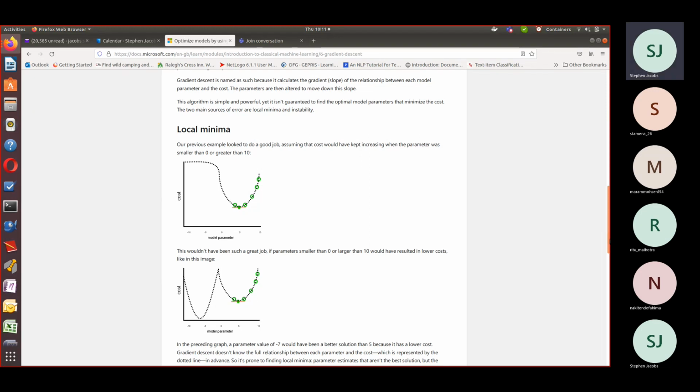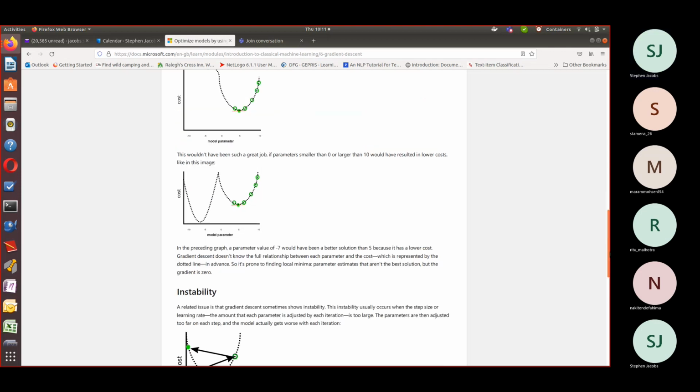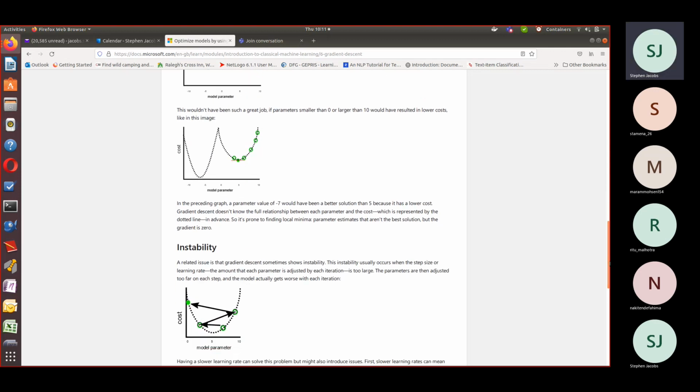Okay, so this would have done a great job, as it says here. If parameters smaller than 0 or larger than 10 would have resulted in lower costs, like this image. So what's happened here is that, let's say you were starting from the right, you would go down the slope.